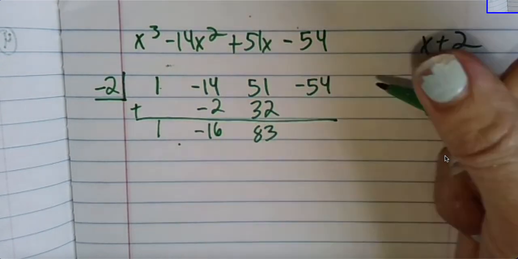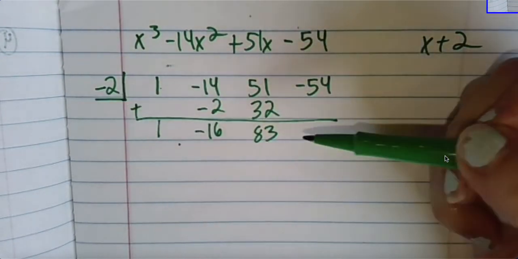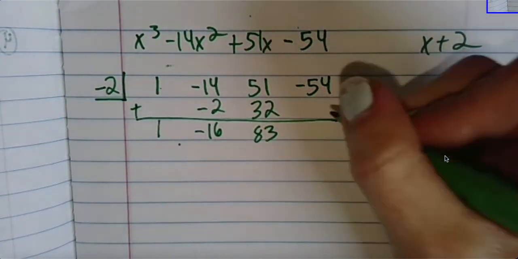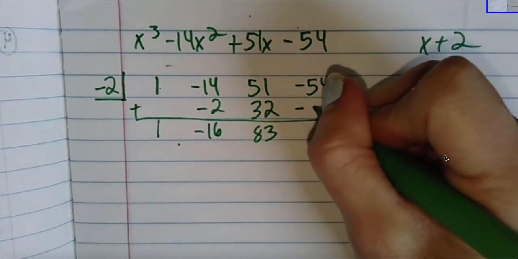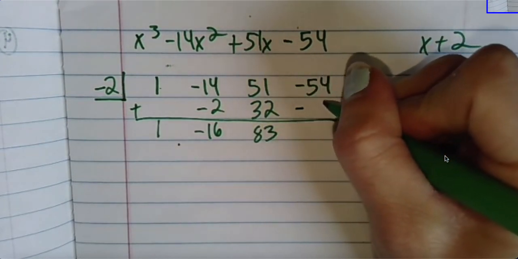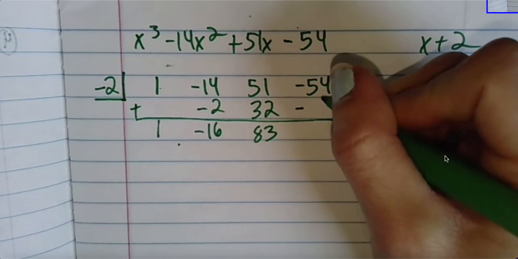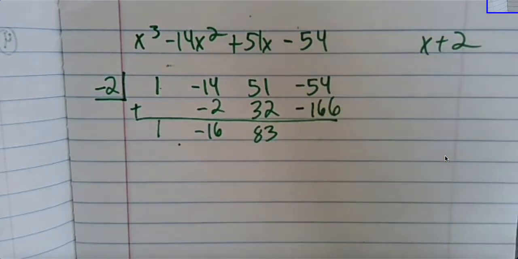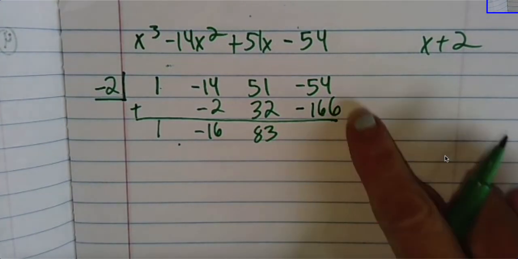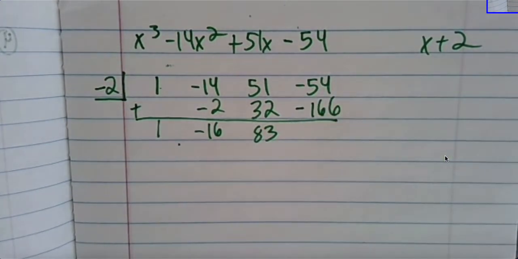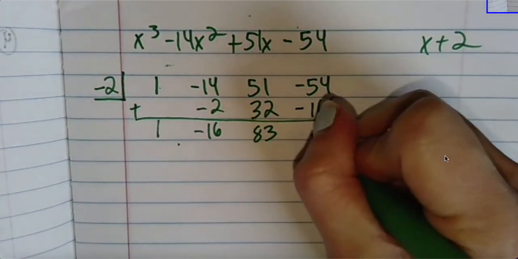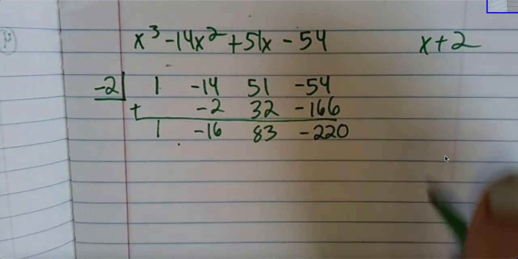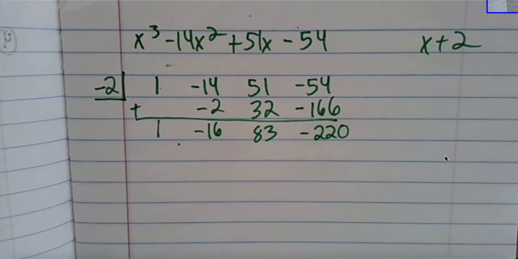And we're almost done. -2 times 83 is -166. And now let's add. We didn't do anything wrong. It's right. Now let's add these. That's -220. We're done.